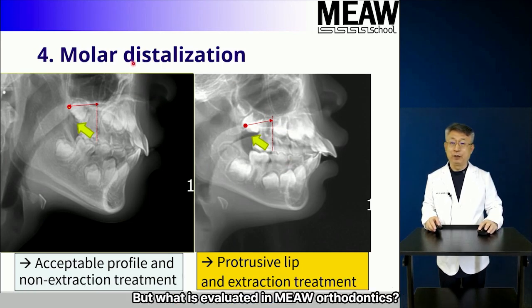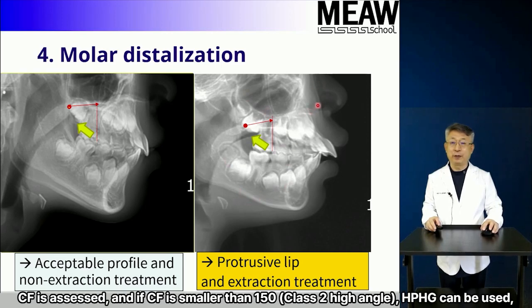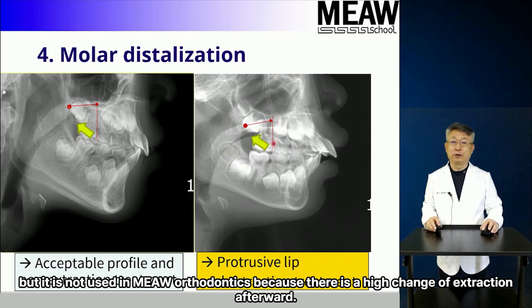But what is evaluated in MEAW orthodontics? CF is assessed, and if CF is smaller than 150 in Class II high angle, HPHG can be used, but it is not used in MEAW orthodontics because there is a high chance of extraction afterward.